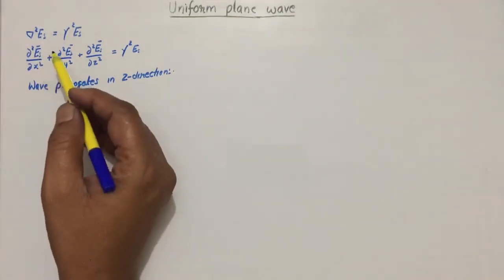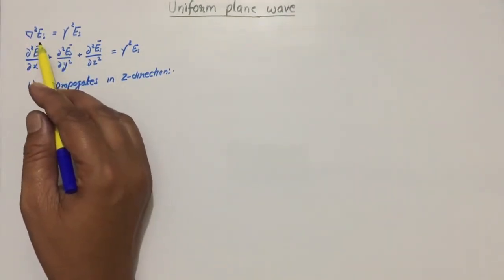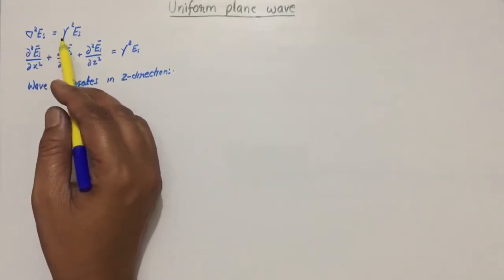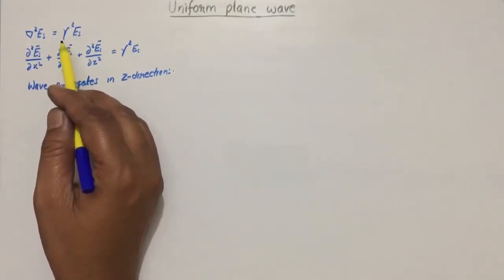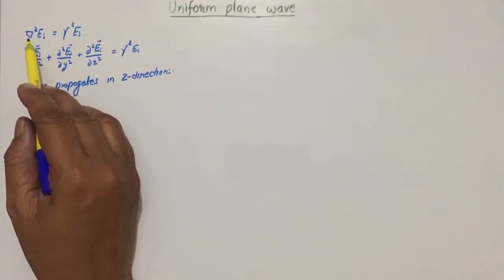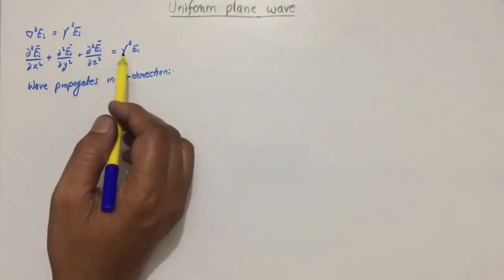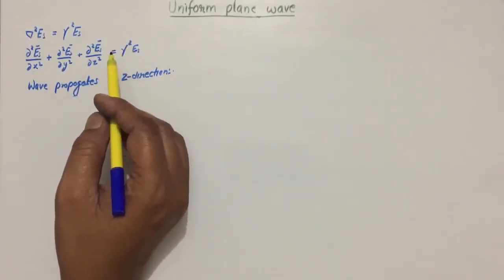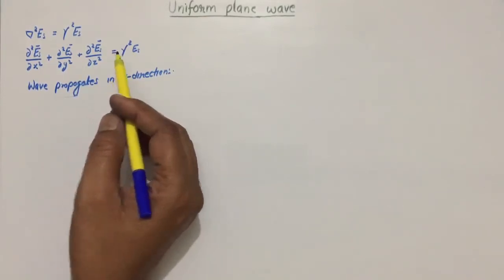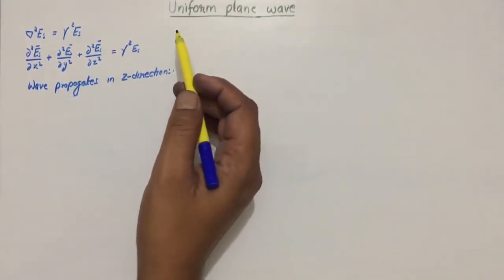Yesterday we obtained the final equation, del square Es is equal to gamma square Es. This is the Laplacian of Es, written in this form. Now we consider that the wave is uniform.